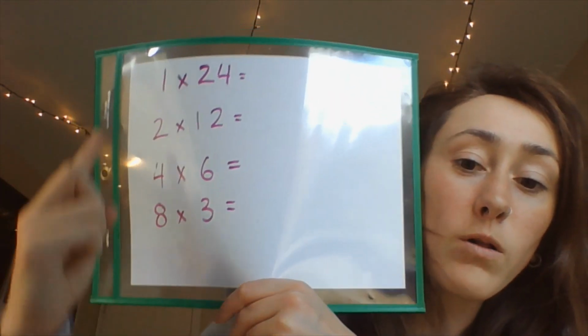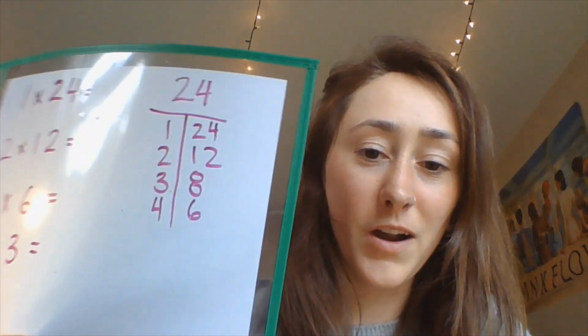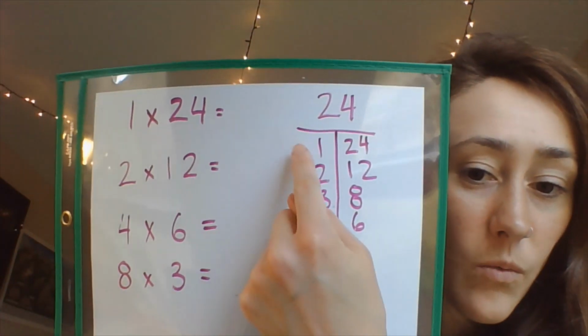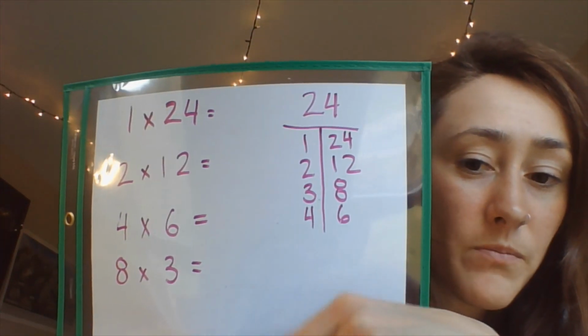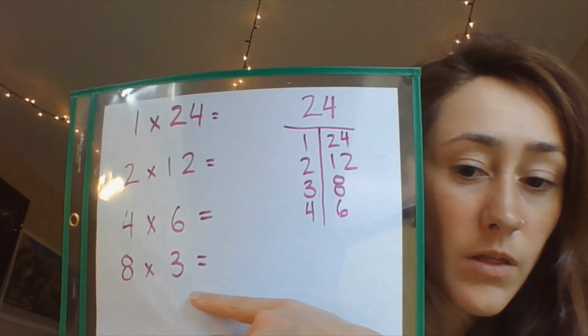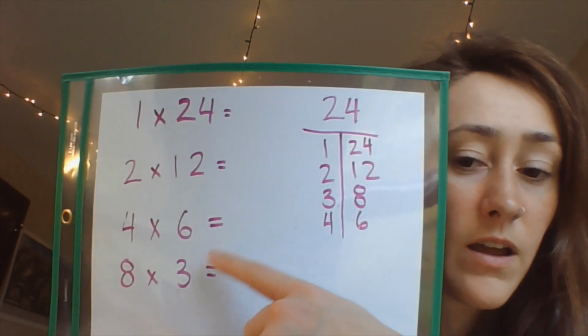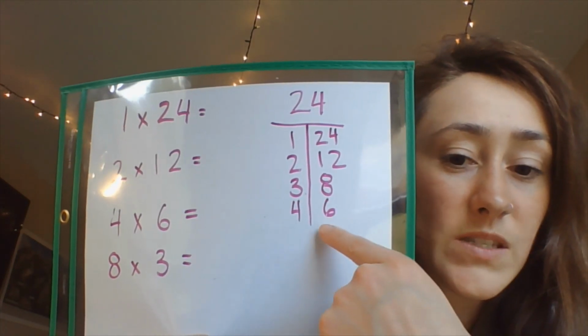But now we have all of our factors here, so we could actually write a factor tree. Our factor tree for 24 is 1 and 24, 2 times 12, 3 times 8, just like down there, and 4 times 6.